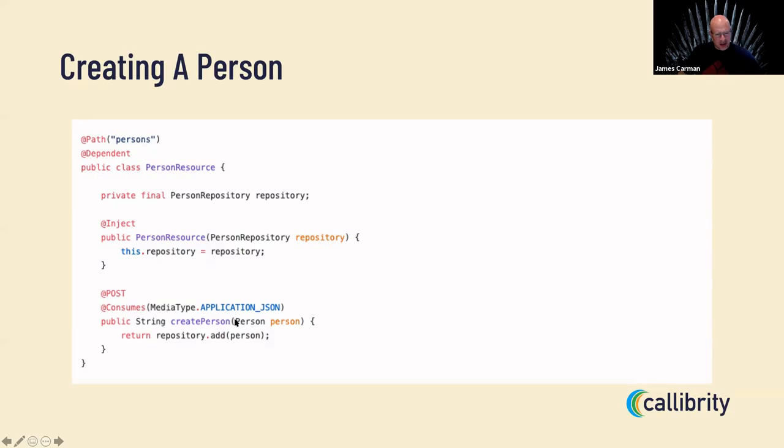And since I don't have any annotation here on this parameter, if you omit it and you don't have anything on this, it's going to assume that the body of the request needs to be parsed and turned into this thing, right?